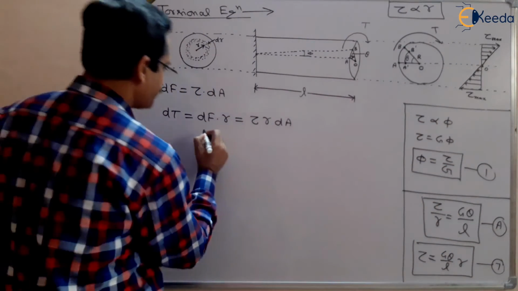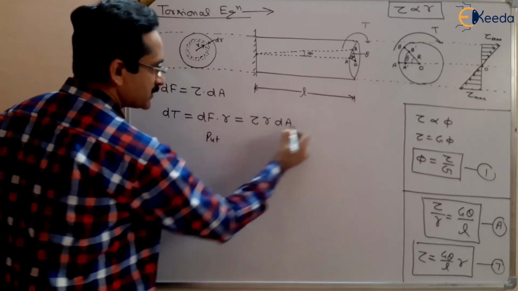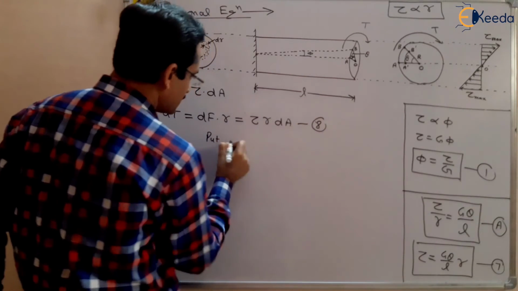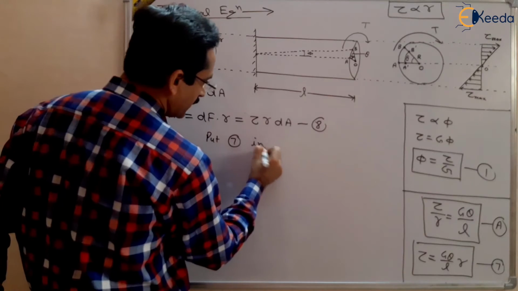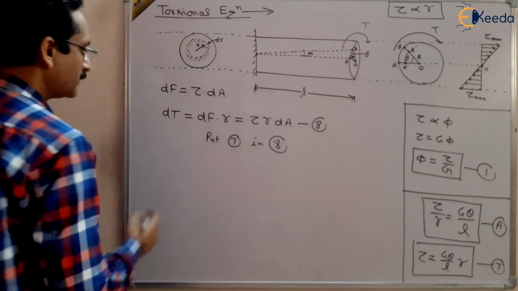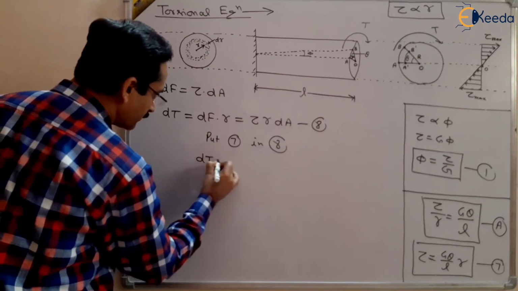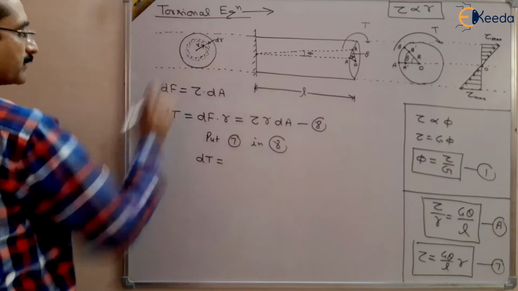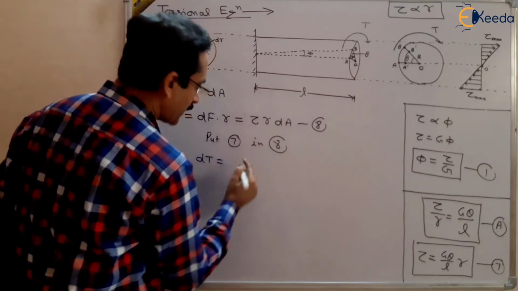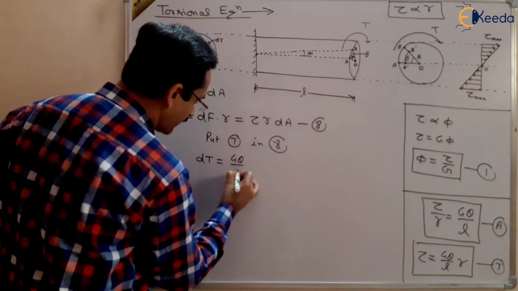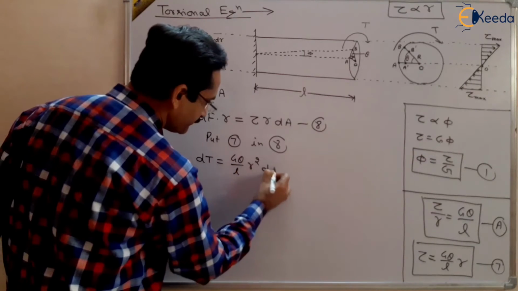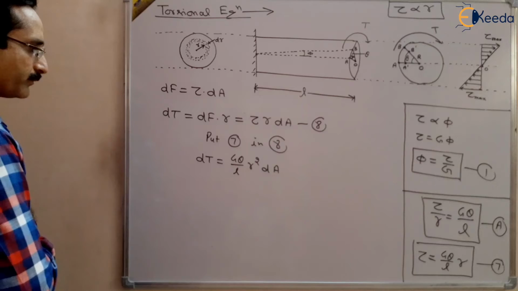So put equation number 7 in 8. What you will get is that the small torque on this elemental ring will be equal to tau, where tau is G theta upon L multiplied by r square dA. This will be the torque.